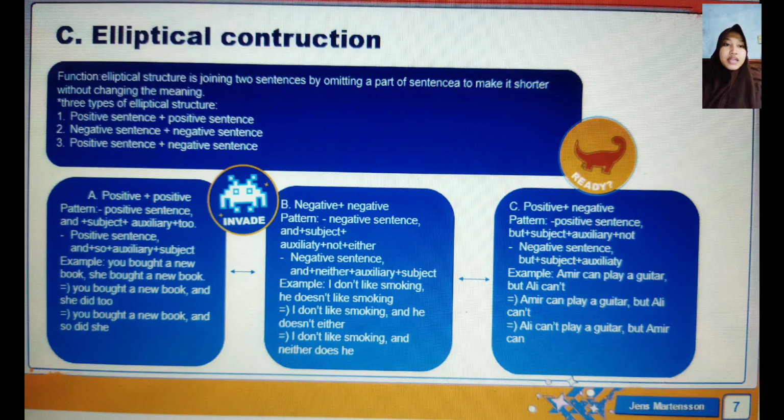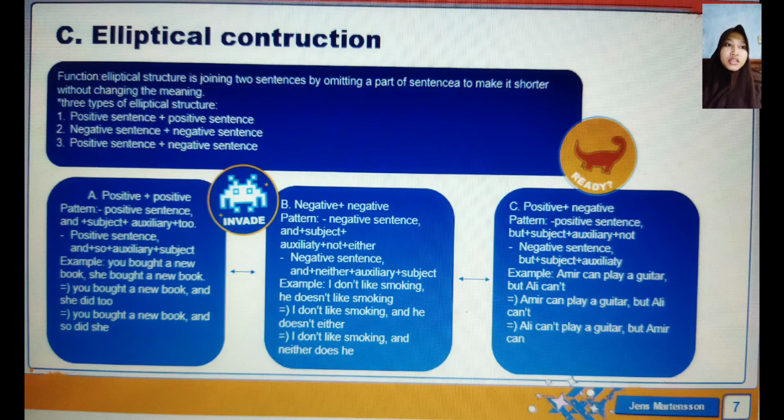The example sentence is: you bought a new book, she bought a new book. First is, you bought a new book, and she did too. And second is, you bought a new book, and so did she.